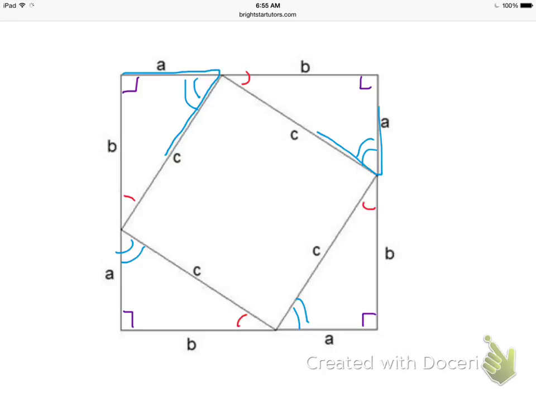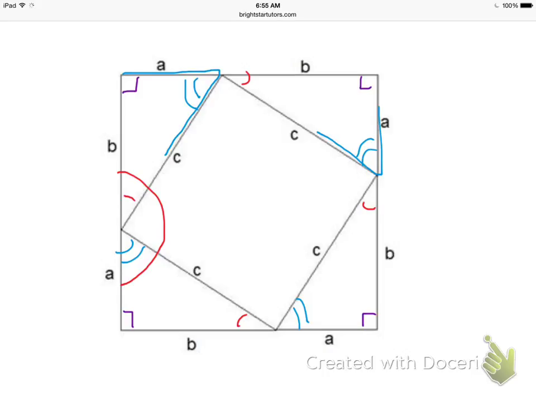Okay, so let's look at this side length. This is a straight angle along here, so the three angles on it going all the way should add up to 180.